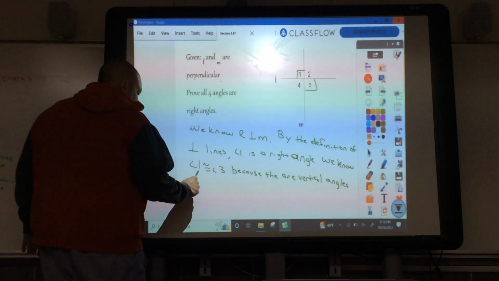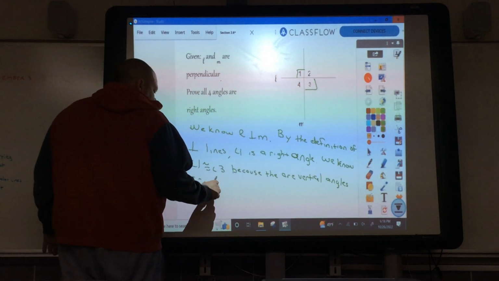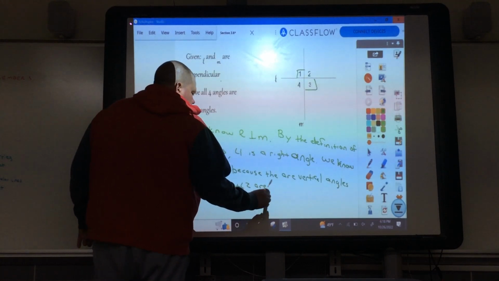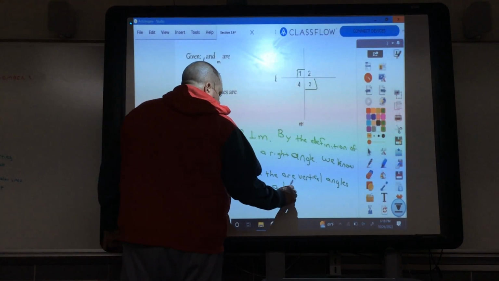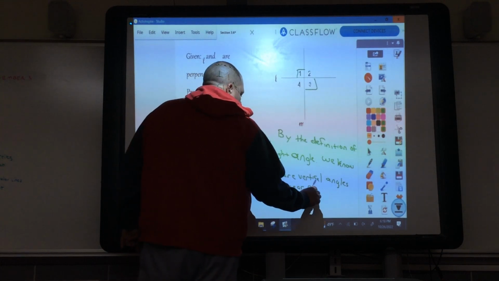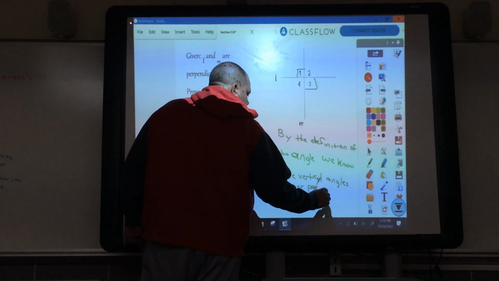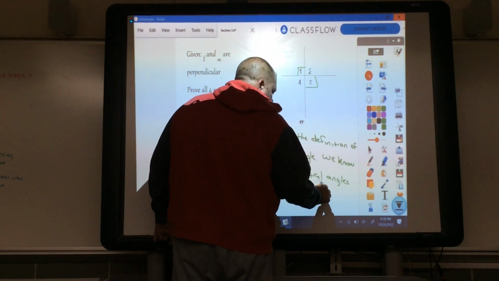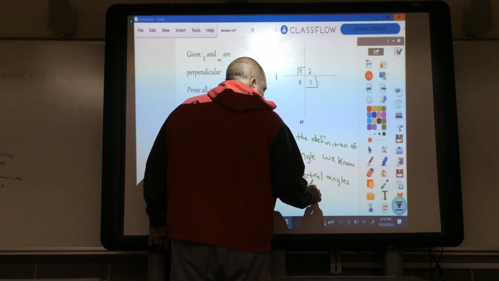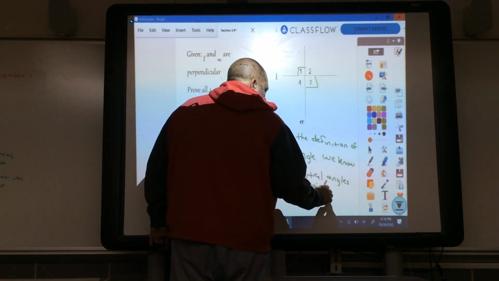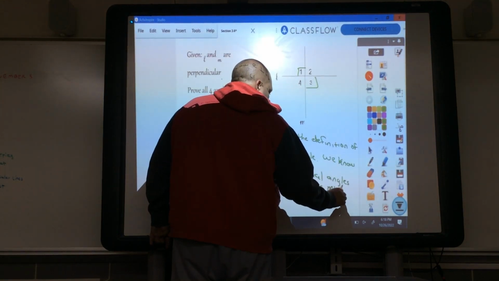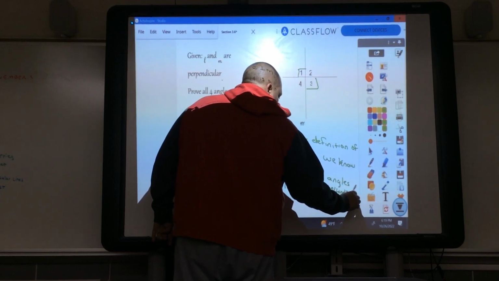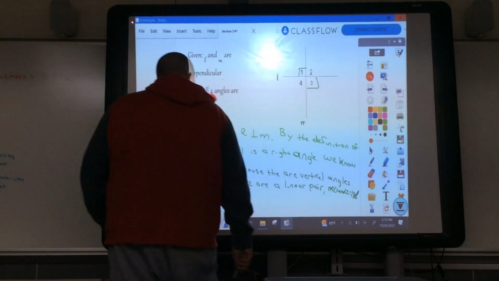Now, since we know that angle 1 and 2 are a linear pair, measure angle 1 plus measure angle 2 equals 180.